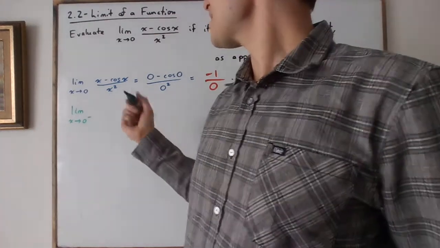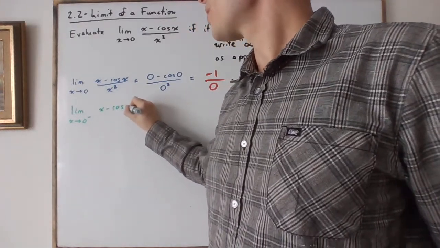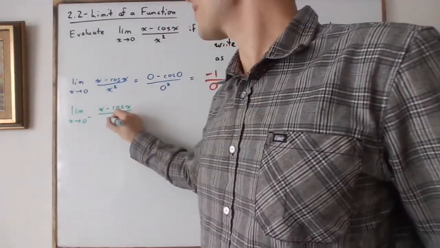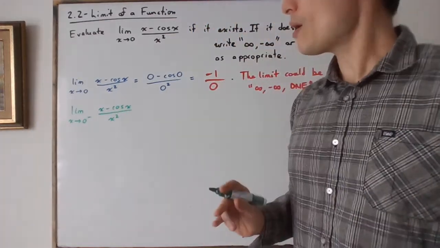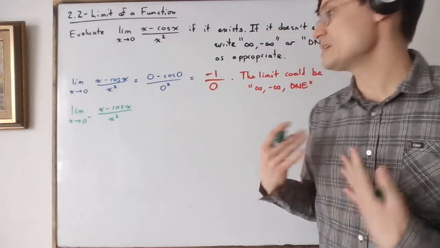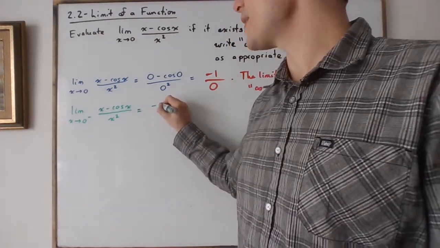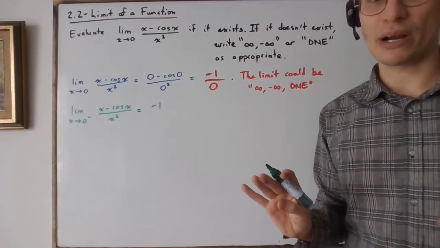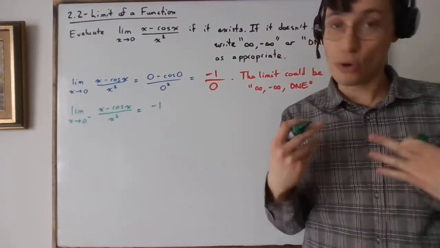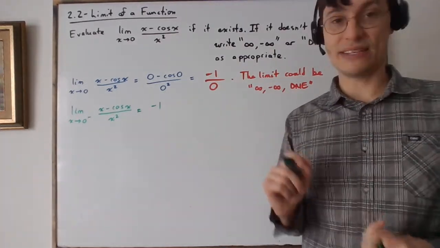So, the limit as x approaches 0 from below of the same expression, x minus cosine of x over x squared. And now we're using notation, but that notation just means something really precise. First of all, the top, don't worry about it. You know that the top is going to approach negative 1 as x approaches 0 from below.